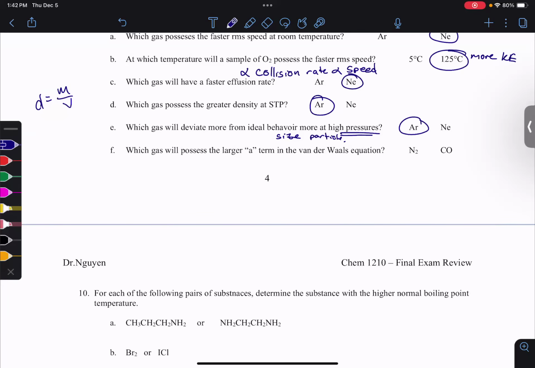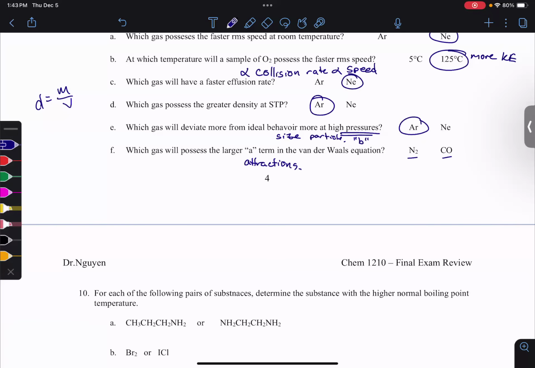And then finally, which gas possesses the larger A term? What does A stand for? Attractions, yes. And actually, the previous one we just did really was the B term. I just didn't outright say it. So this last one, which one has the larger A term, diatomic nitrogen or CO?